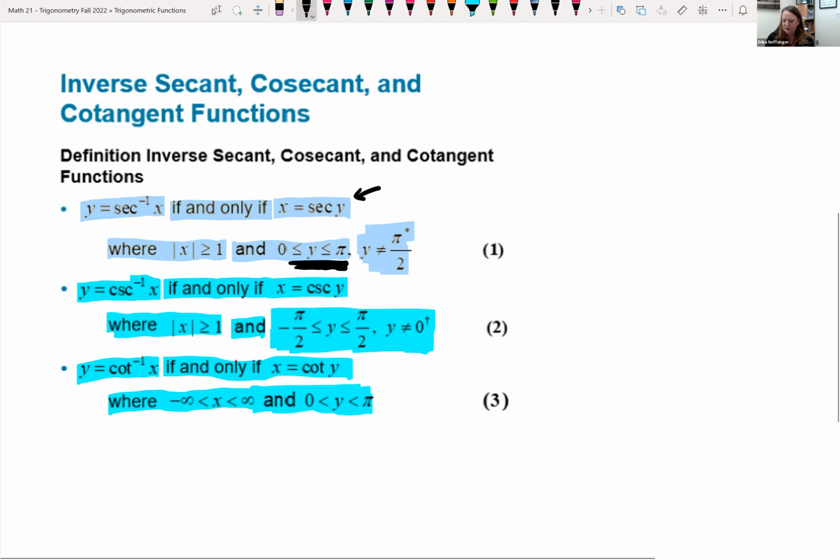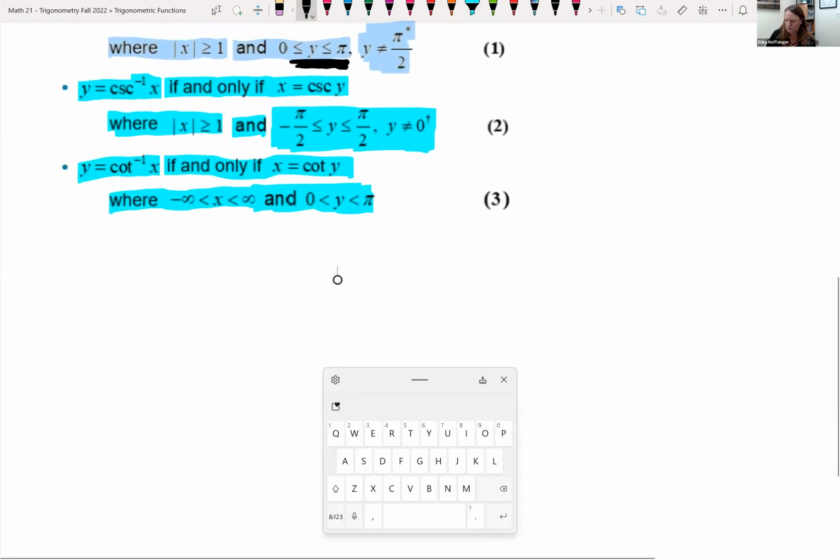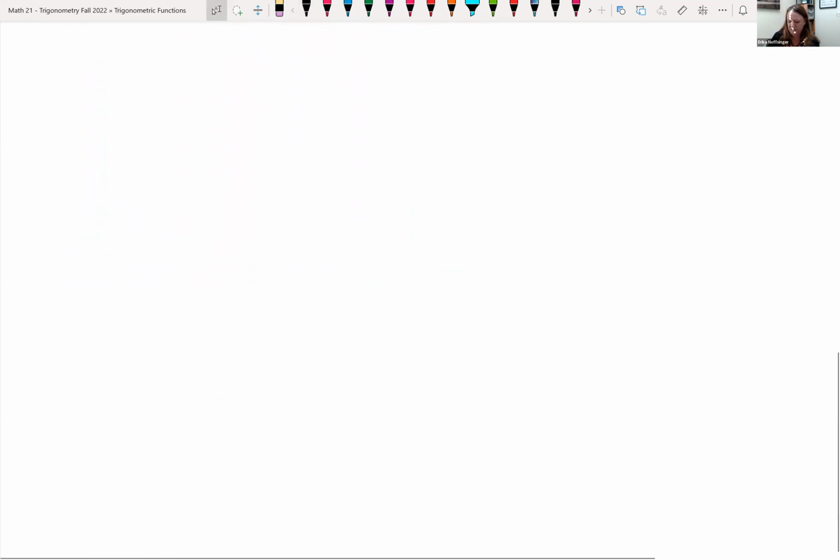So let's look at a couple of examples. So if we had cotangent inverse of 1.